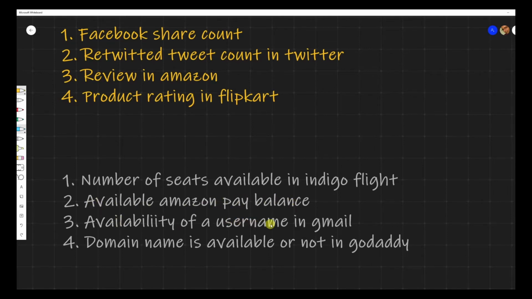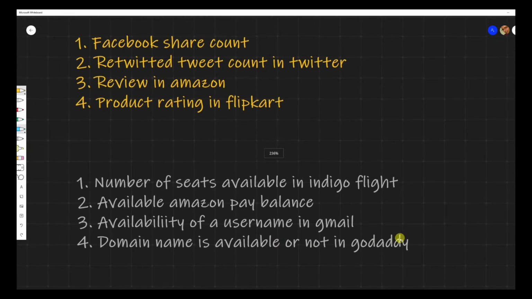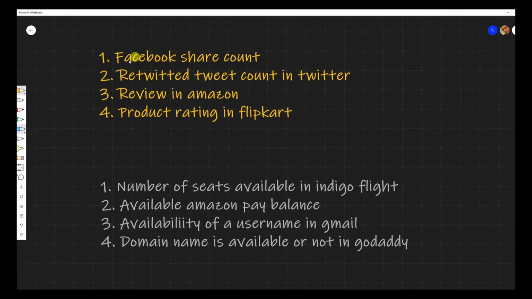Even a username in Gmail: a username has been taken already, but it's showing me that it's available, right? So we need to be consistent in all these scenarios. A domain name is not available and GoDaddy is telling me it's available, right? So these are the scenarios in the yellow on top wherein we can have eventual consistency. It's not going to hamper the system or the user experience.